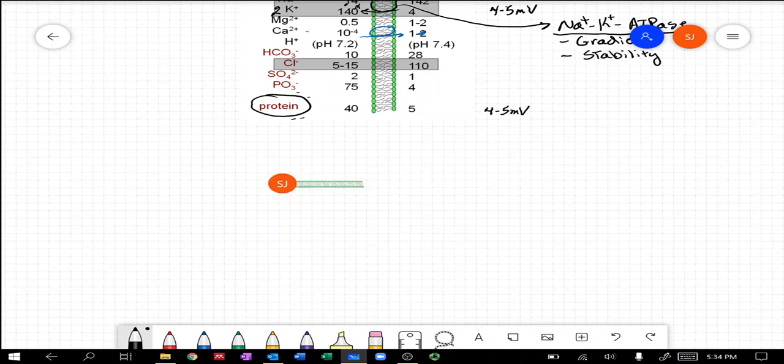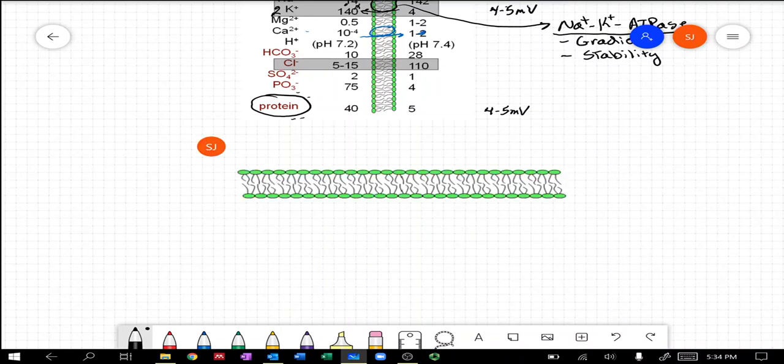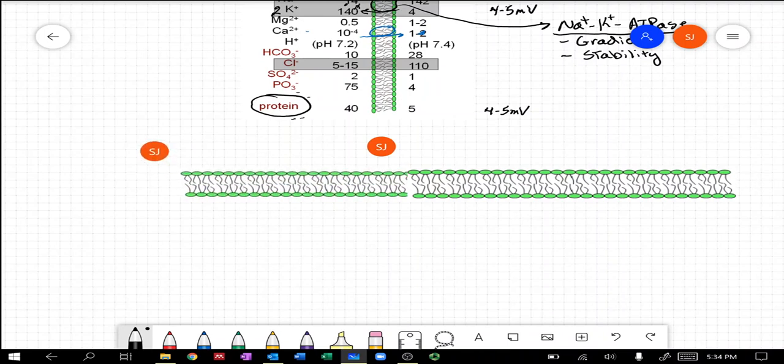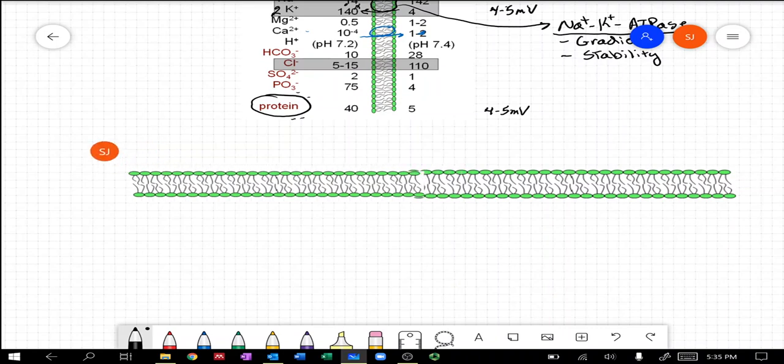Yeah, put another one in here. Let's make that a little longer. Yeah, a little better. All right, so we have a longer membrane here.